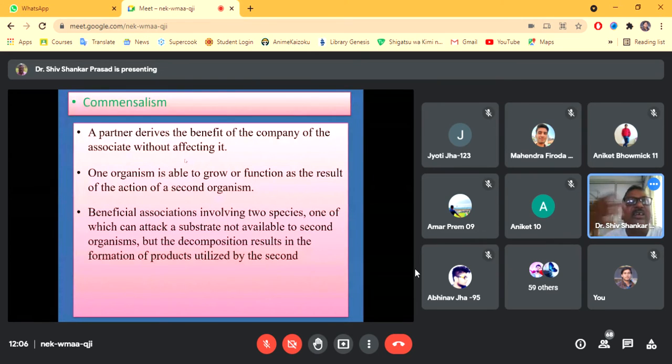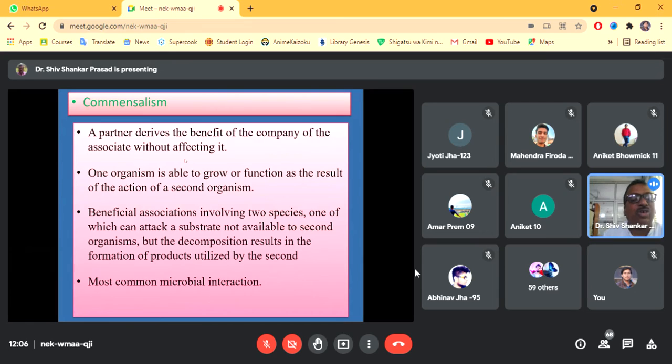Like decomposition of any type of organic compounds in the soil system: any organic compounds acted on by one microorganism are converted into a second type of compounds, but after decomposition, that second compound is utilized by another group of microorganisms. Okay, so it is a beneficial association involving two species, one of which can attack a substrate not available to the second organism, but the decomposition results in the formation of products utilized by the second.